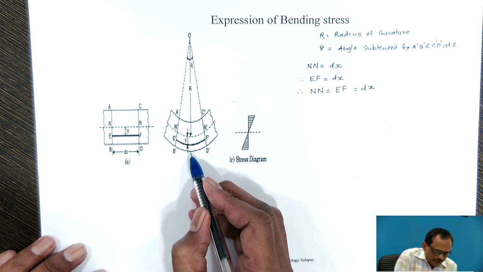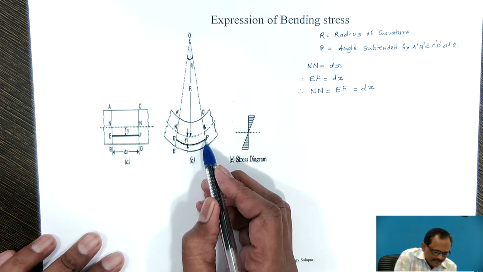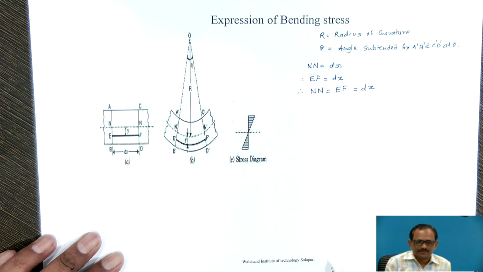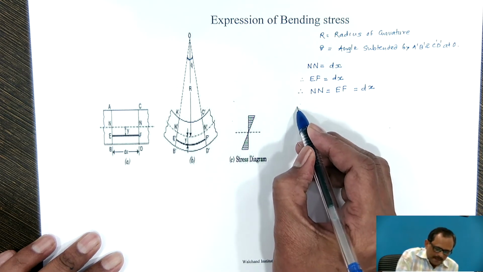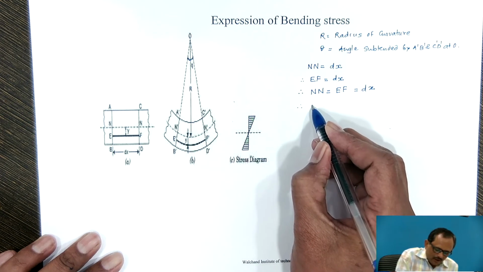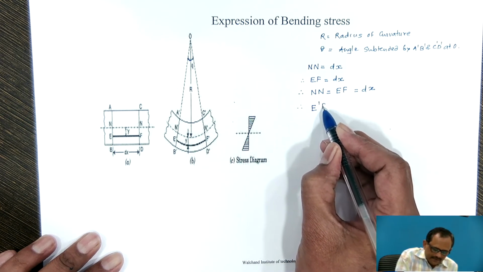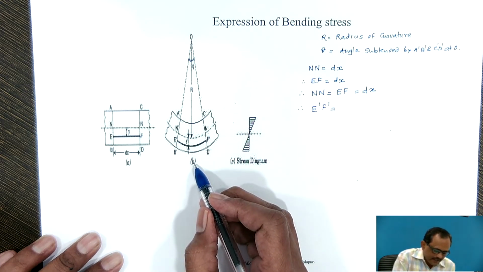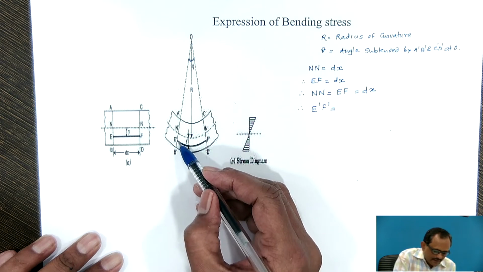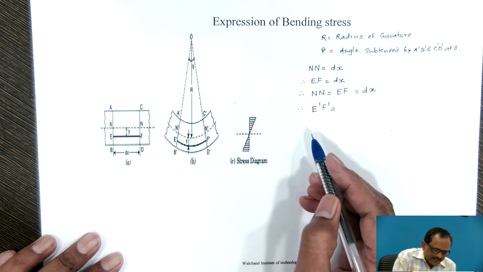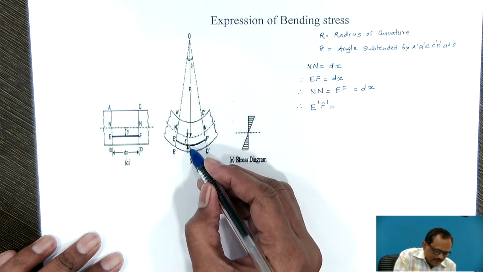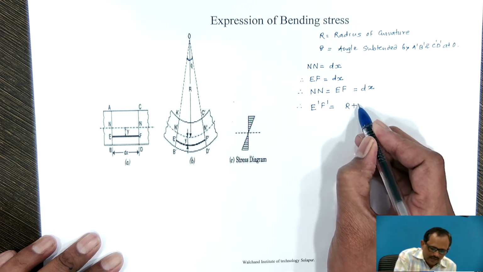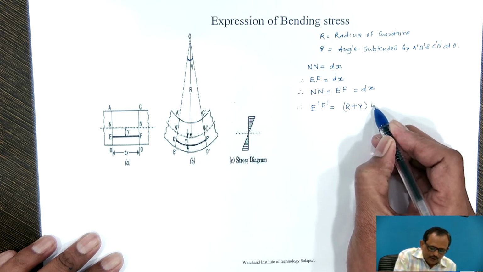Now, the layer EF gets deformed to E'F', and from figure B, the length of layer E'F' is equal to (R plus y) into theta.